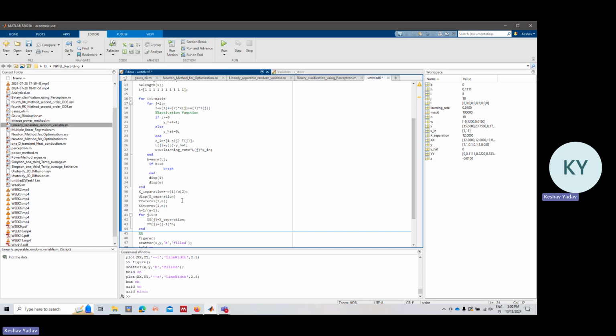So from here, if I want to find T as a function of X, that will be equal to minus W1 upon W2 times X, minus W0 upon W2. So this will be my line. Okay, now let us do that.